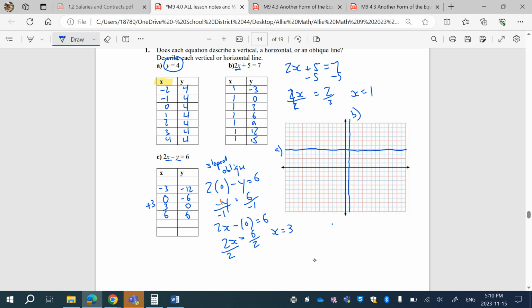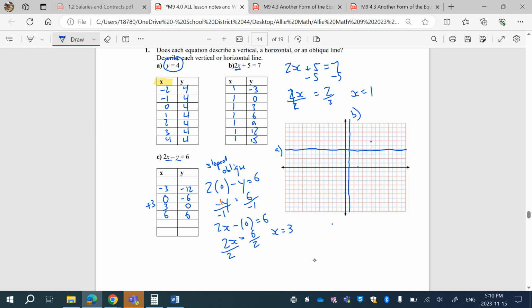If we are at 3x, 1, 2, 3, we are at 0y. And if we are at 6x, 1, 2, 3, 4, 5, 6, we are at 6y: 1, 2, 3, 4, 5, 6.